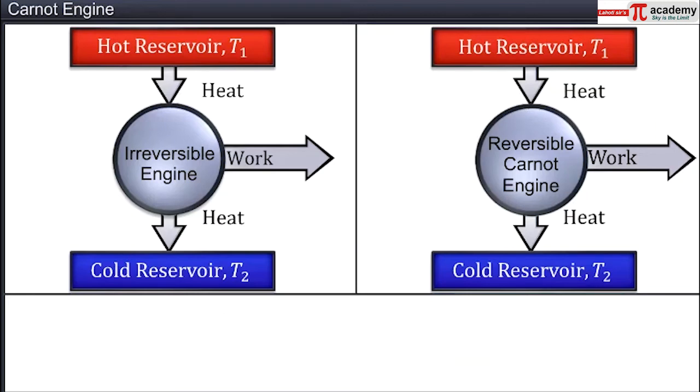Let us start with the assumption that the efficiency of the irreversible engine is greater than the efficiency of the Carnot engine. This means eta I is greater than eta R. Let this be expression 1.